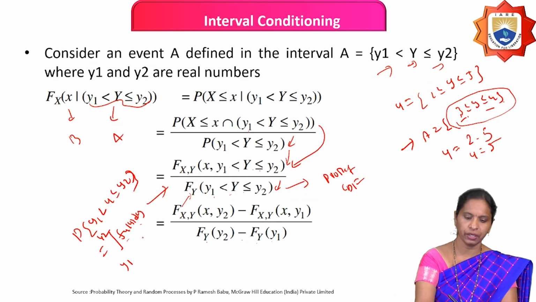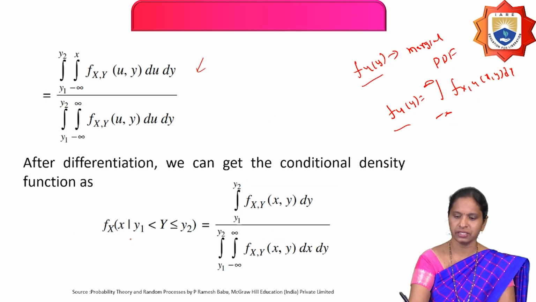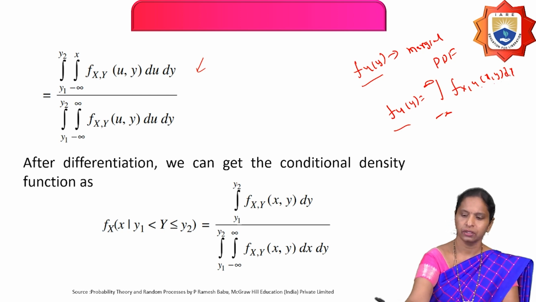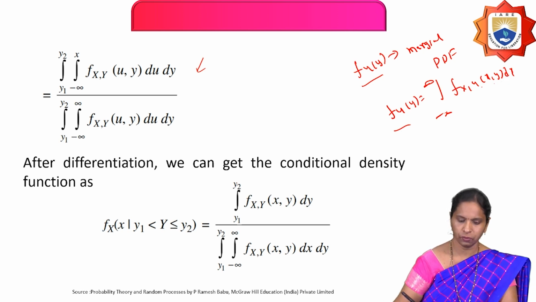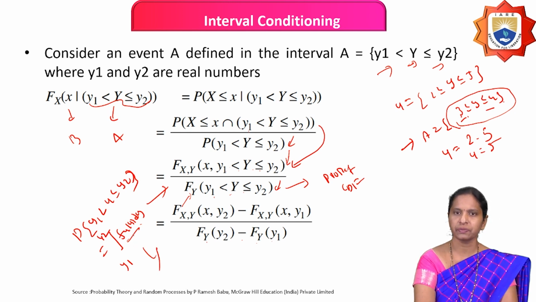Now in place of f_Y of y, you just substitute the marginal density function, f_XY of x comma y dx. So what can you obtain here? In place of f_Y of y, integration minus infinity to infinity, f_XY of x comma y dx dy.